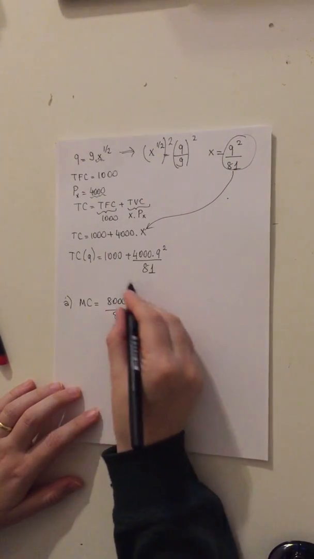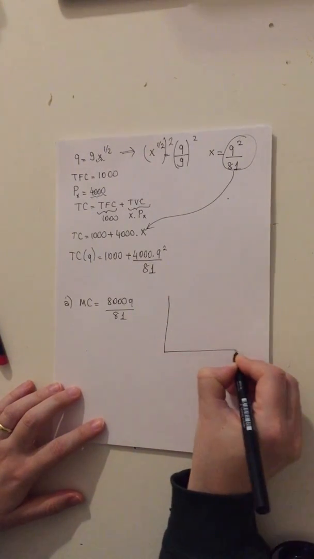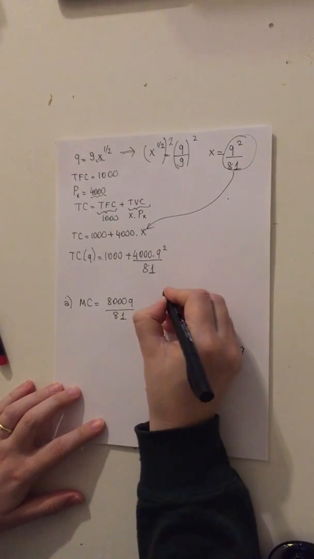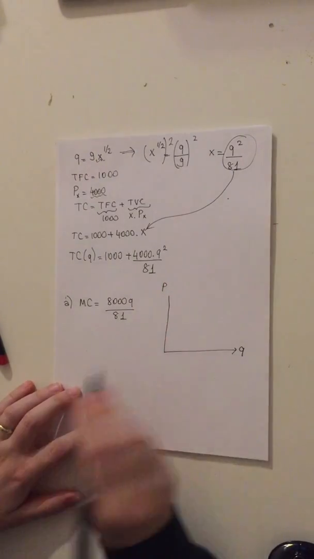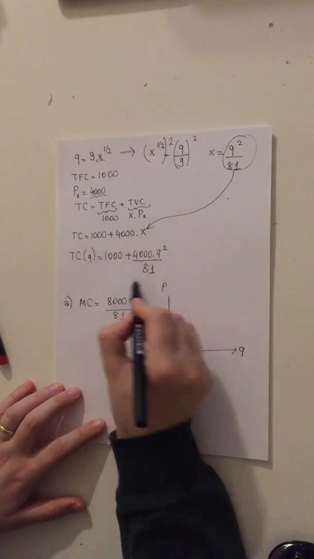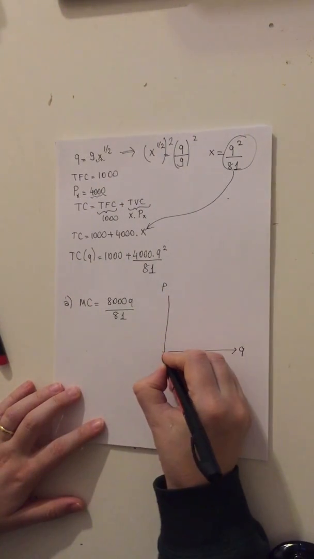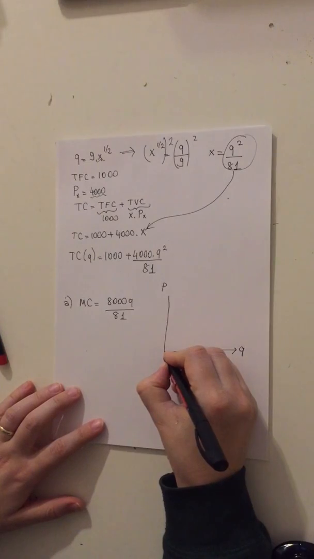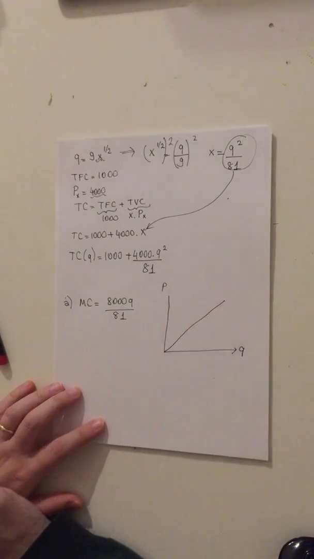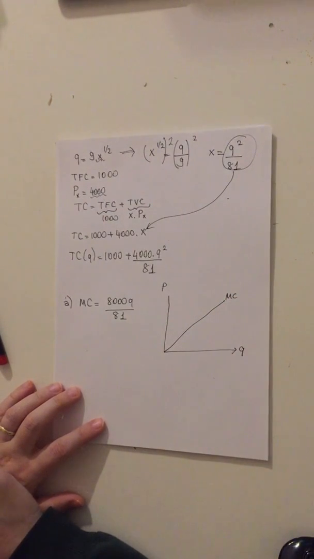And what's the shape of this marginal cost? Please try to understand. The marginal cost function is not U-shaped because our cost function is not third degree. So the marginal cost is just positively sloped and linear and starts from the origin.